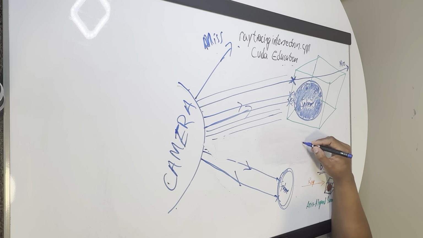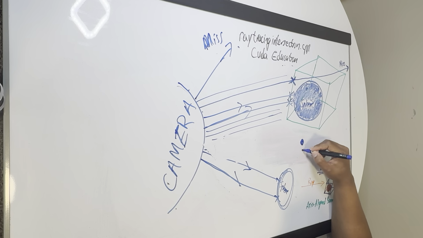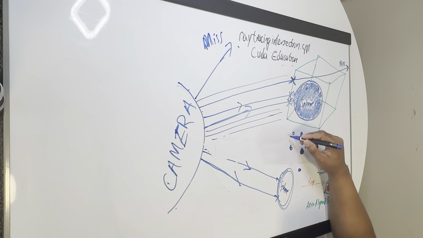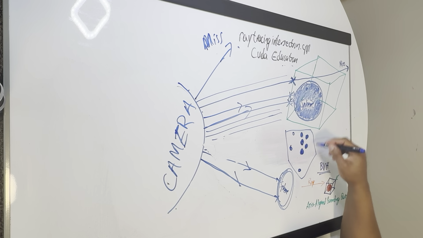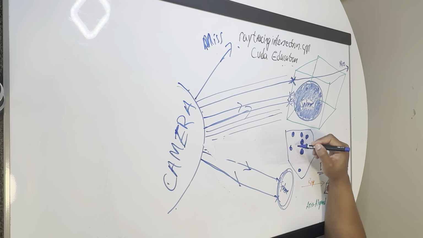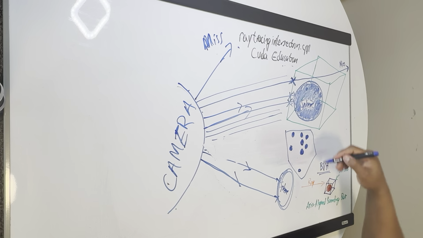Okay, if we have a bunch of spheres, why not just have one big bounding box around all of the spheres, right?